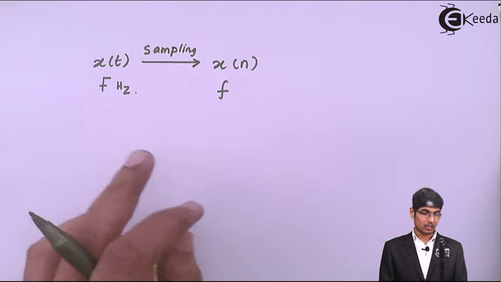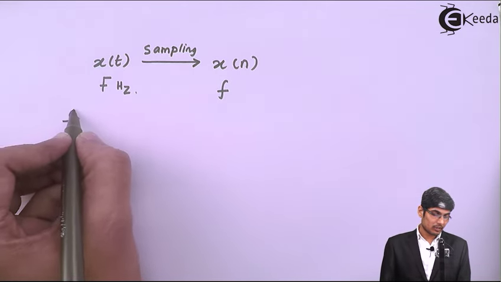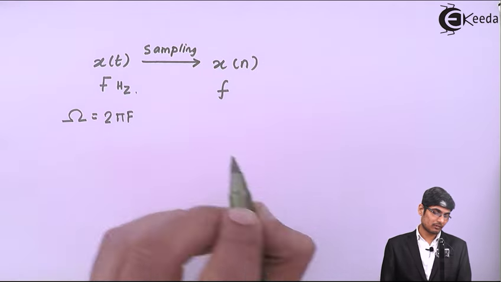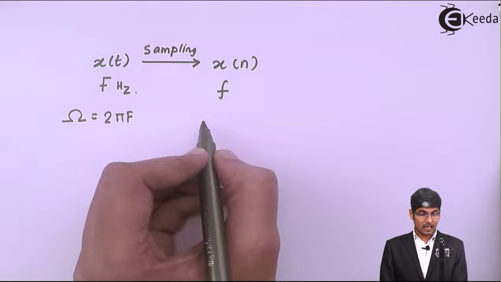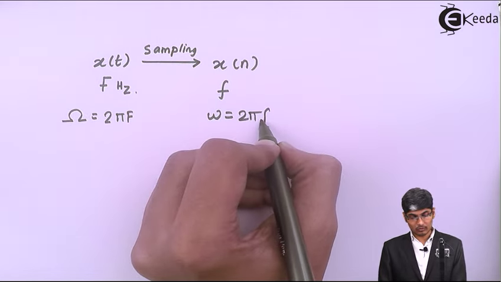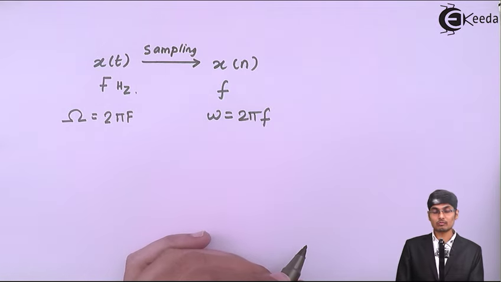In the radian domain, the frequency is denoted as capital omega, which I write as 2 pi capital F, and in the discrete domain I write it as small omega, which is 2 pi times small f. But what is the small f?